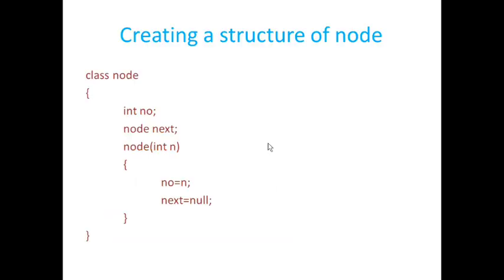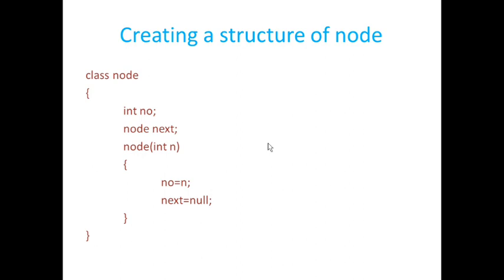Now, how to create the structure of the node? As I said, there are two portions in a node, a data portion and a pointer portion. I'm going to have a numerical value in the data portion, so I have used an integer here. The next is going to point to the next node, so obviously the data type should be the node data type. So I'm using a next pointer of the data type node here.